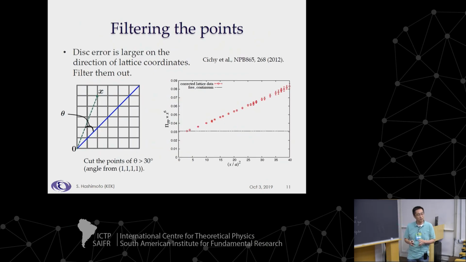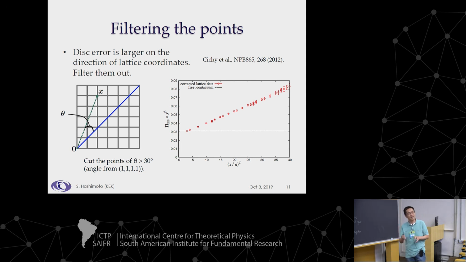So in order to avoid such significant discretization effect, we simply take some points that are separated not in the x direction or y direction, but close to the direction of (1, 1, 1, 1) in the four-dimensional lattice.